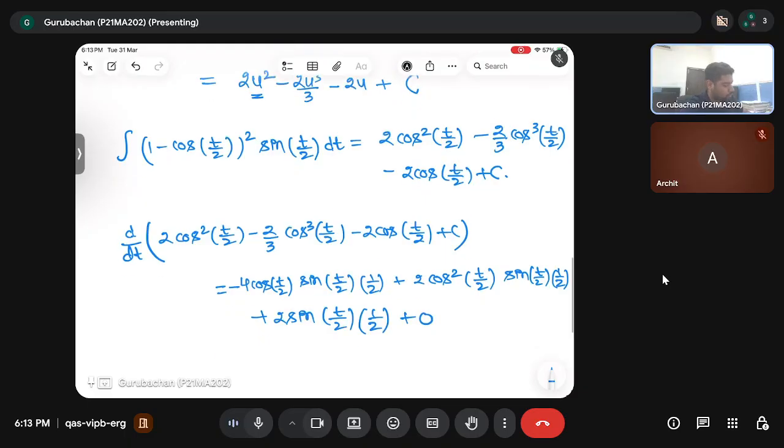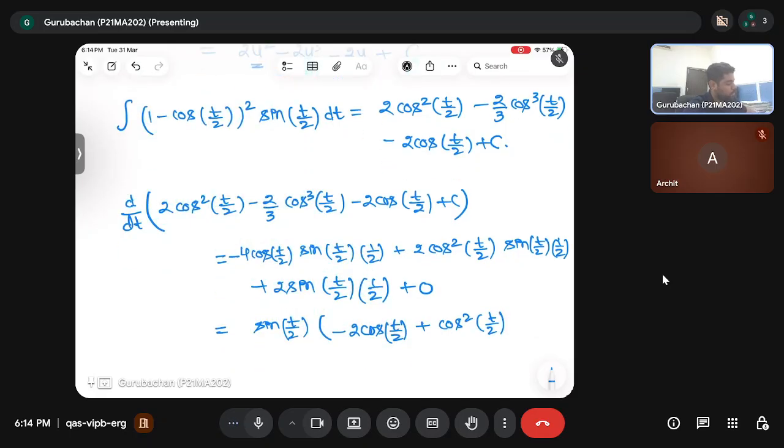So this will give you ultimately, if you take sin t by 2 common, the inside will be 1 minus 2 cos t by 2 plus cos square t by 2.